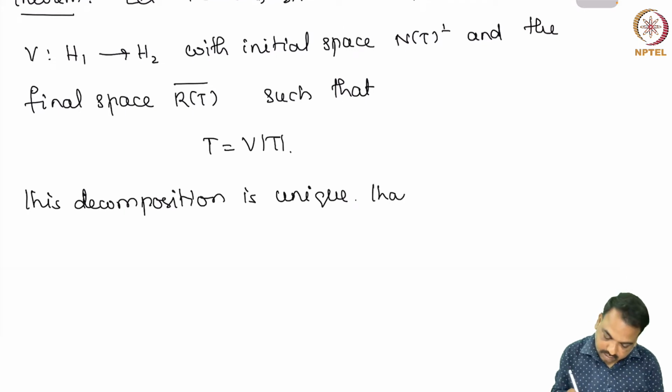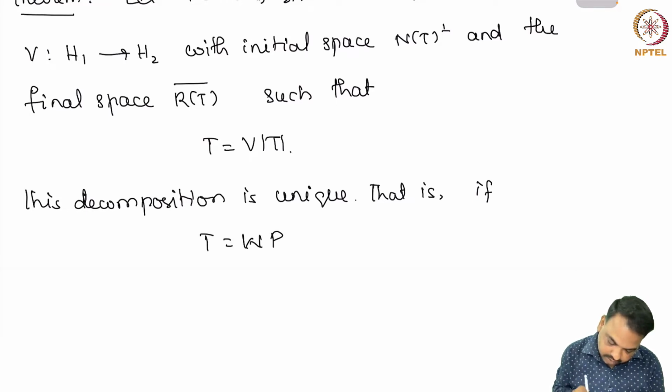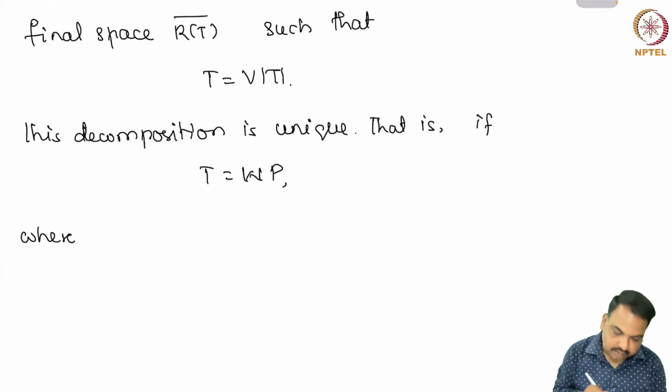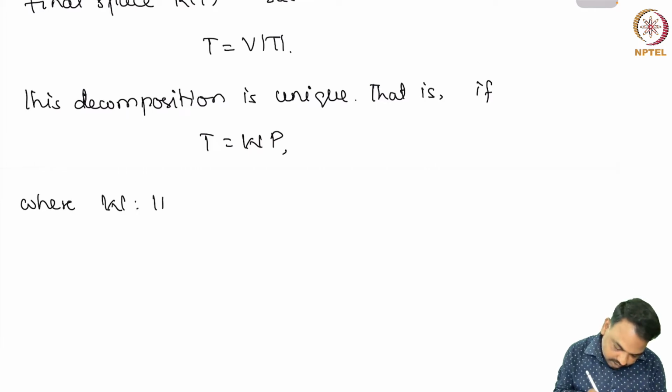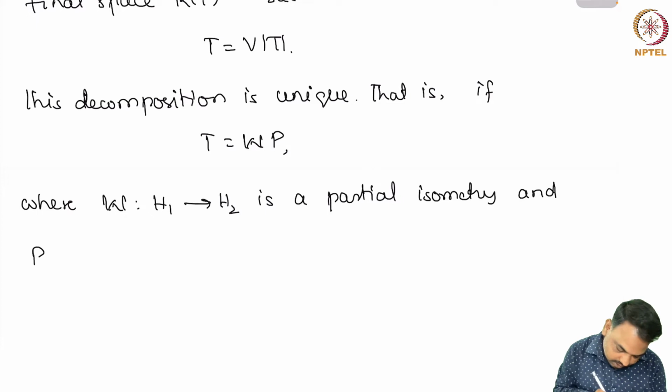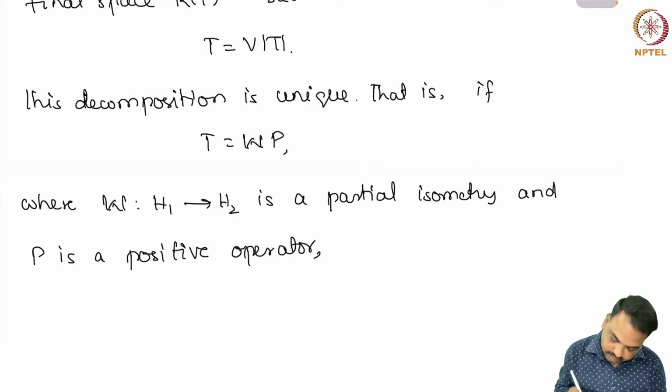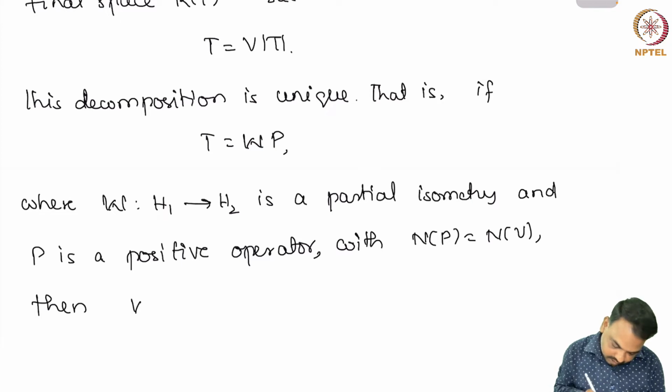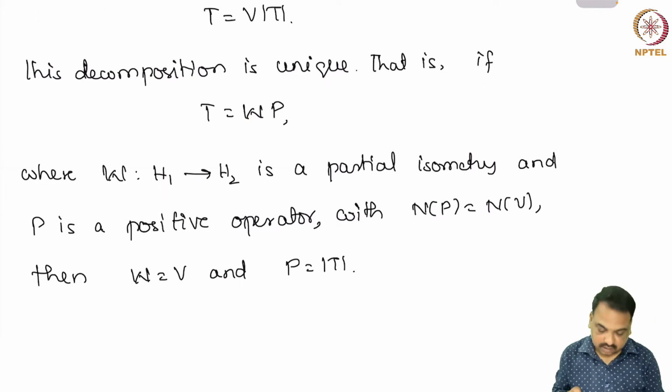That means if T equals W P, where W is a partial isometry and P is a positive operator, with the null space of T and the null space of W being the same, then W is nothing but V and P is nothing but mod T. In this way we get a unique decomposition.